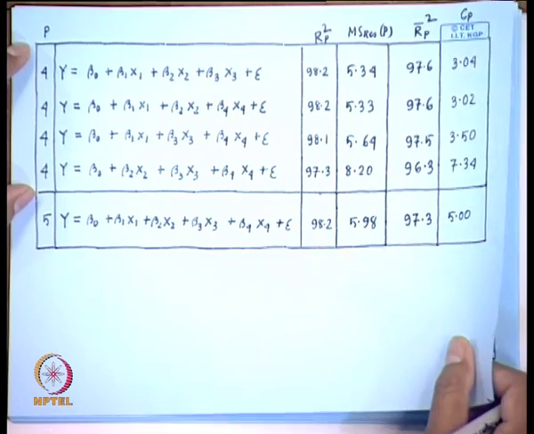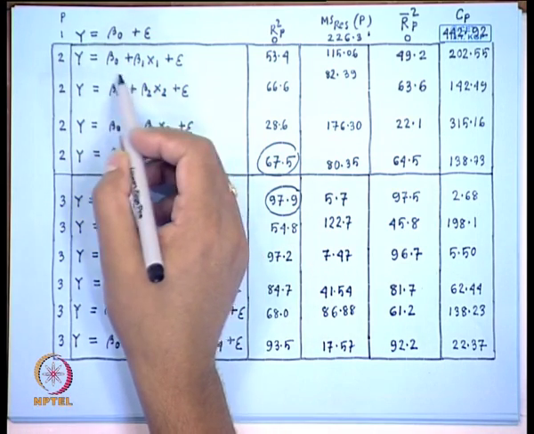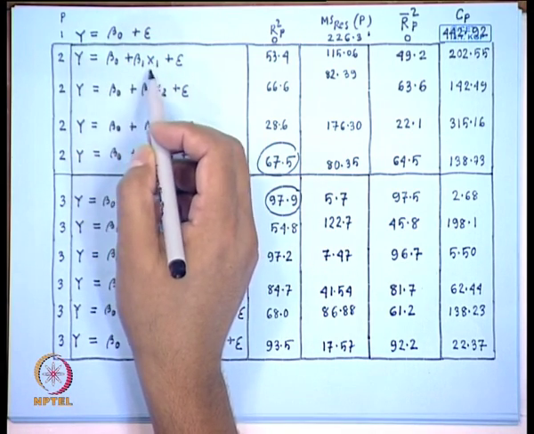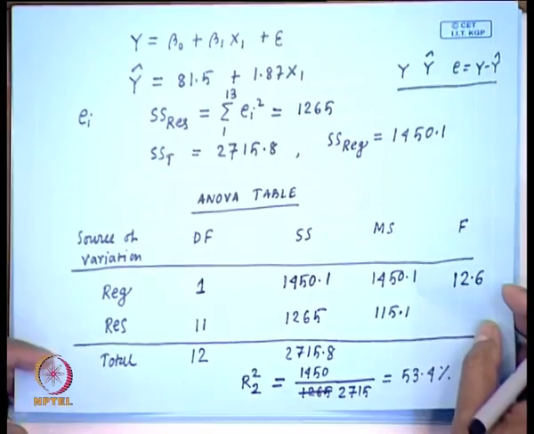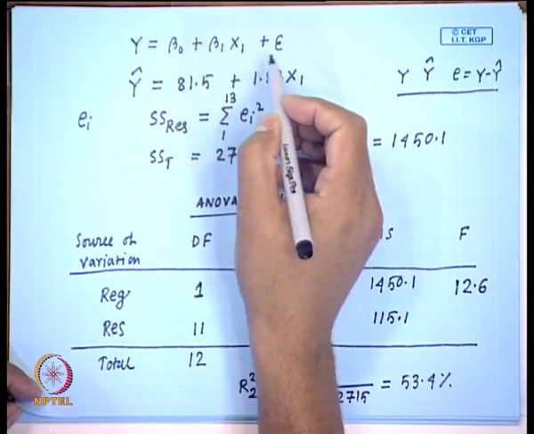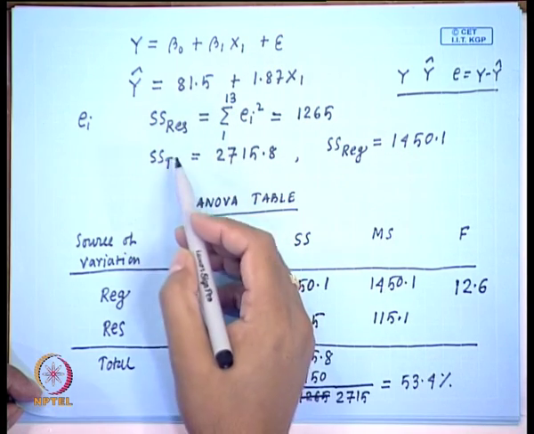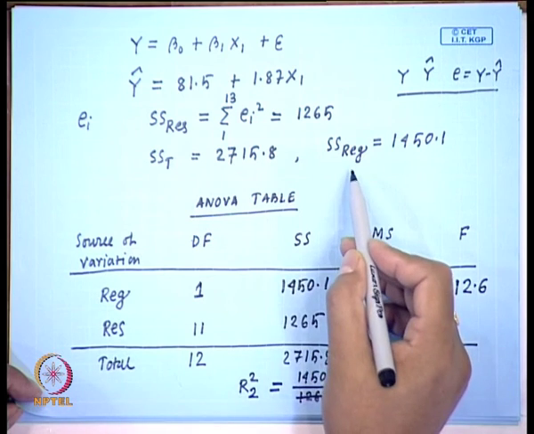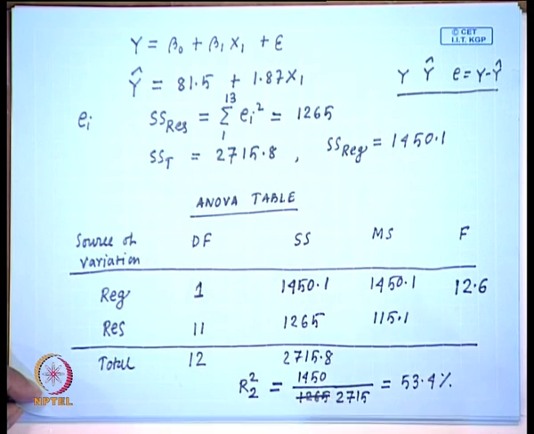First we write down all possible models, and then we take one model and fit that model. That is what we did in the last class. You consider the model beta naught plus beta 1 x 1 plus epsilon, and you compute the SS total, SS residual, SS regression, and write down the ANOVA table.